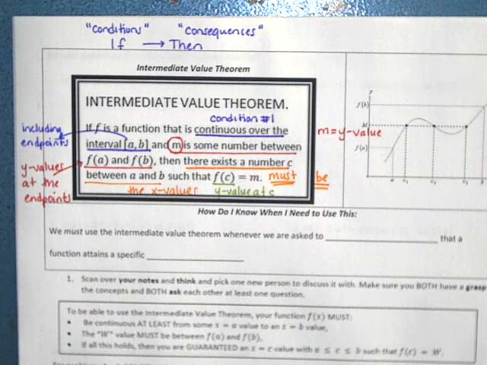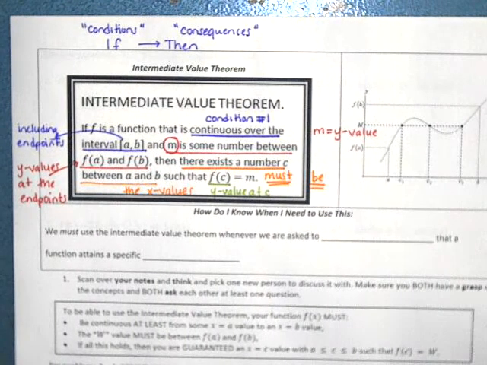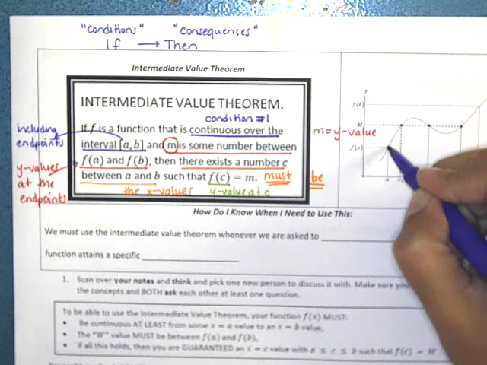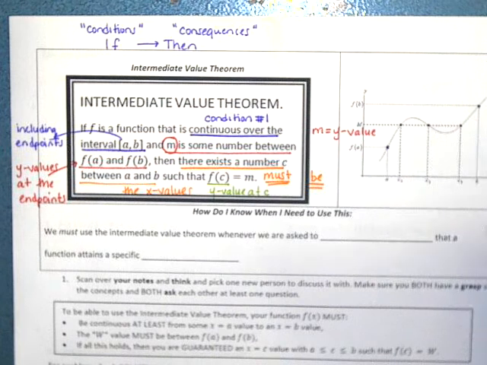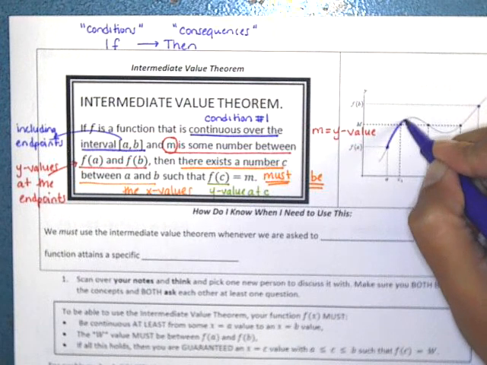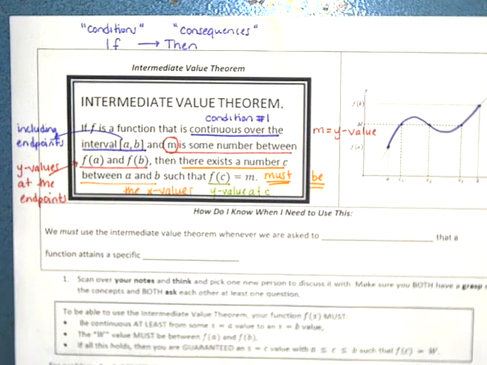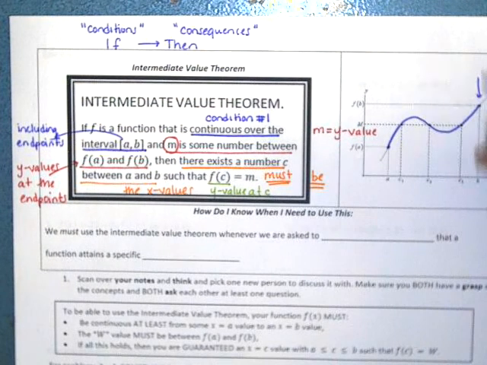So let's look at a graph and see if we can talk about how this makes sense. The first thing is we need to meet the conditions. So is this function continuous between a and b? Well, since this function is nice and smooth and connected, the function is continuous between a and b.